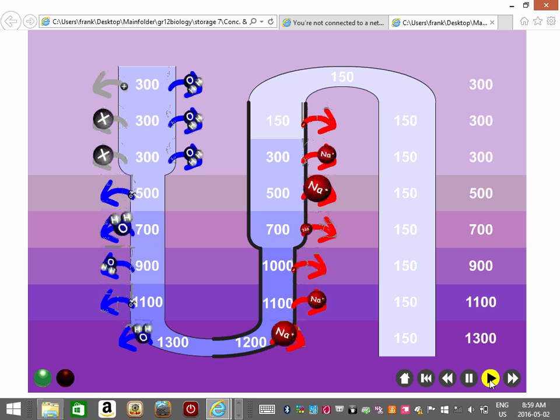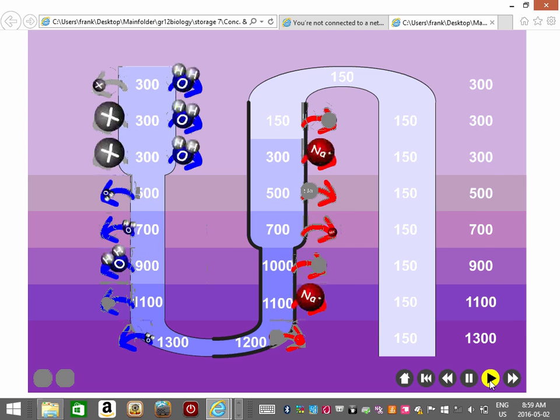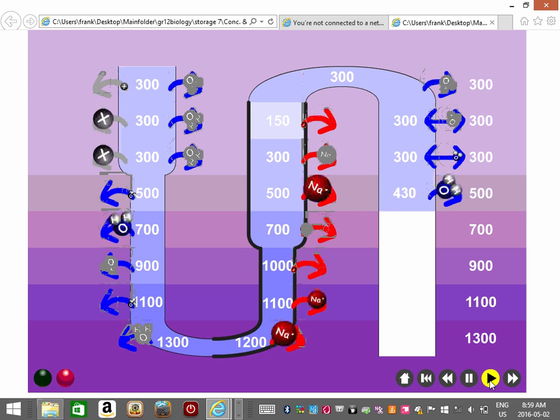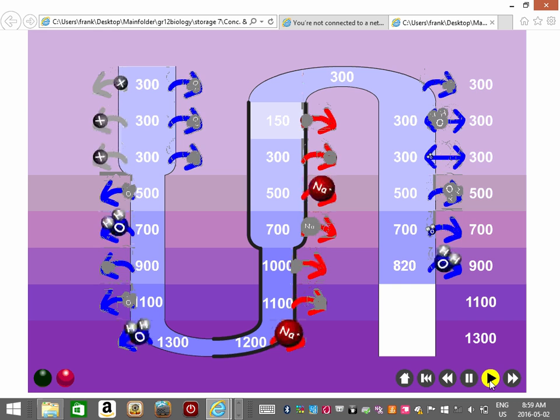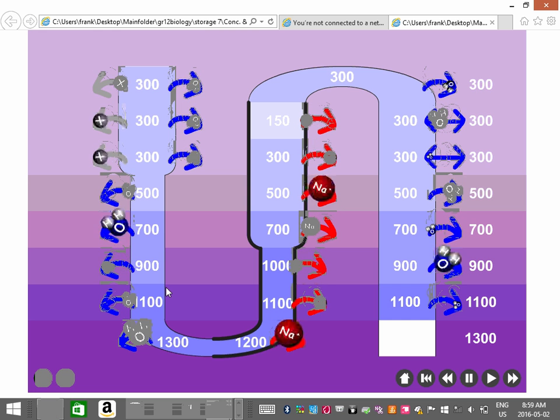But if you're dehydrated, this is what happens. The antidiuretic hormone opens up the collecting duct. So now the collecting duct looks exactly the same as what? As the descending limb, doesn't it? It looks exactly the same.